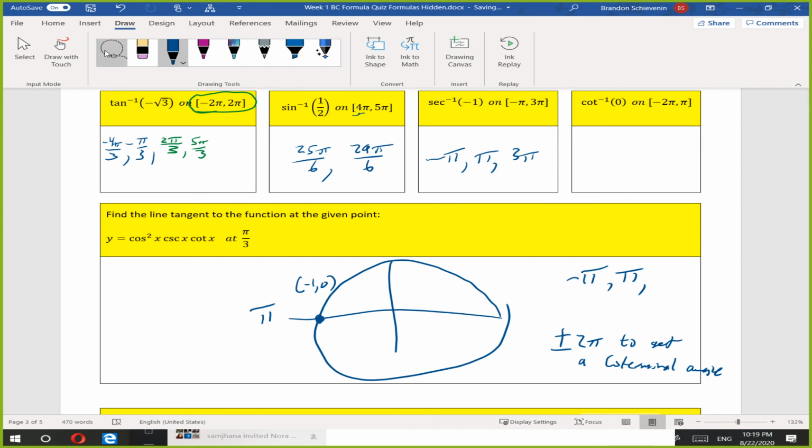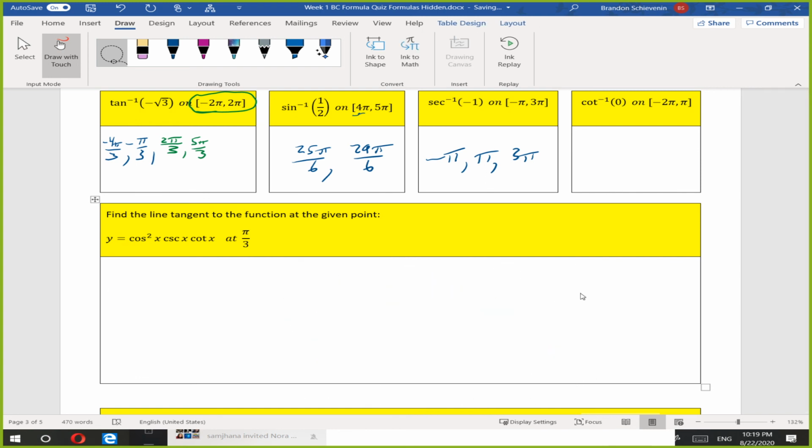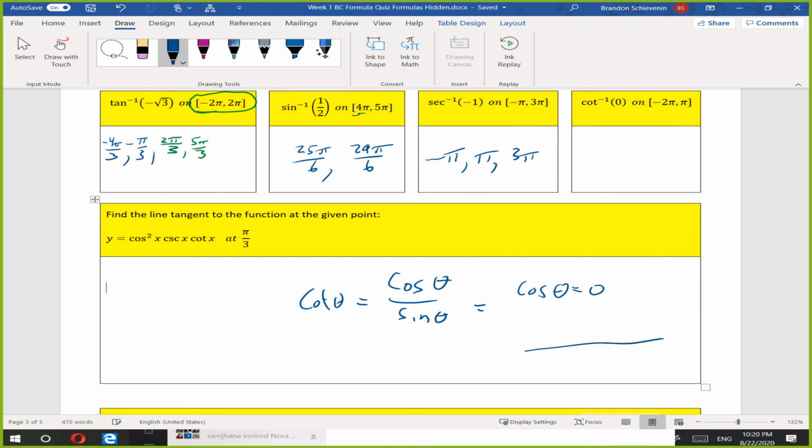I'm looking for what angle the cotangent would be equal to 0. My cotangent is the same thing as cosine over sine. So I'm really looking for where the cosine is equal to 0. Not 2pi. At 0 and at pi and at 2pi, my x value is not 0.